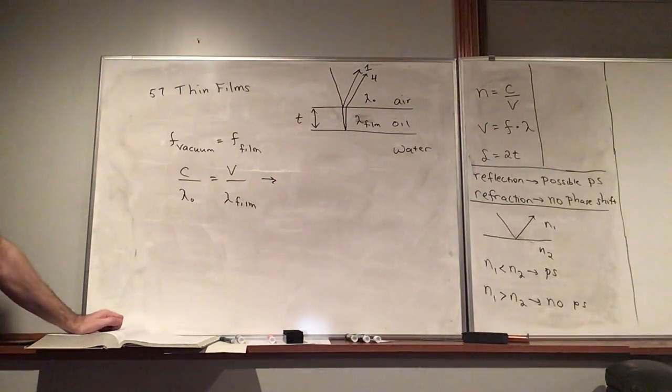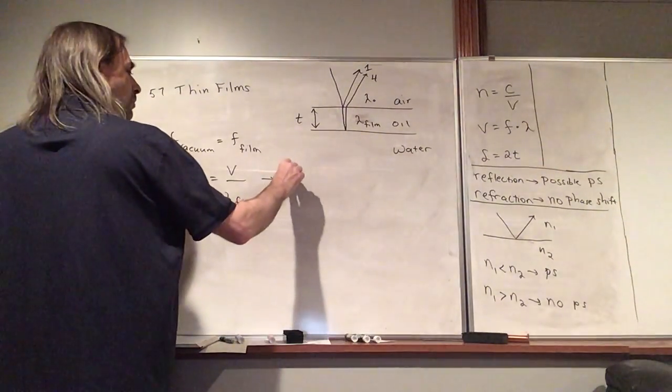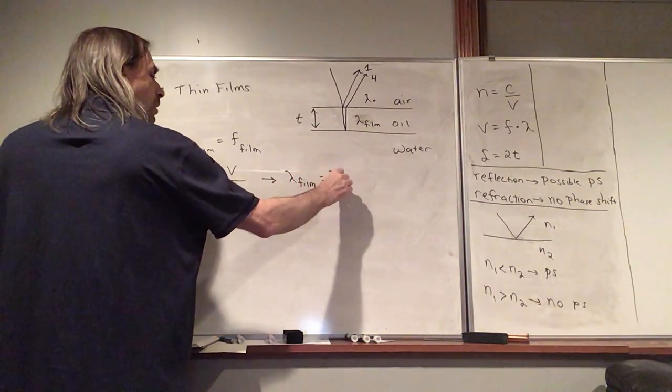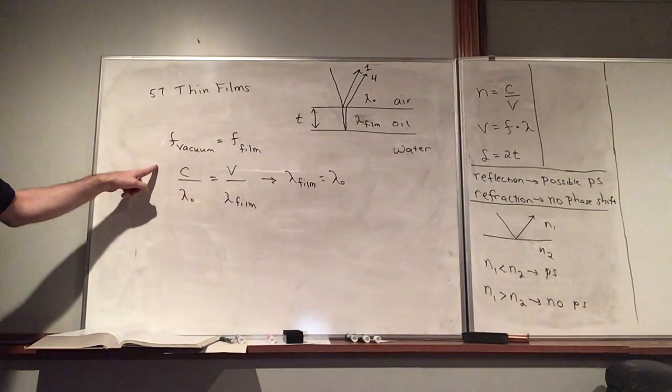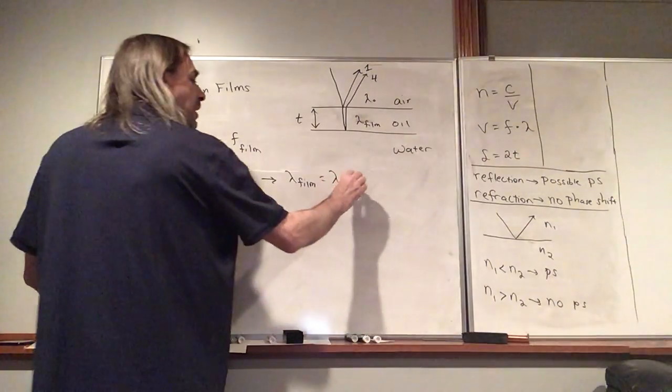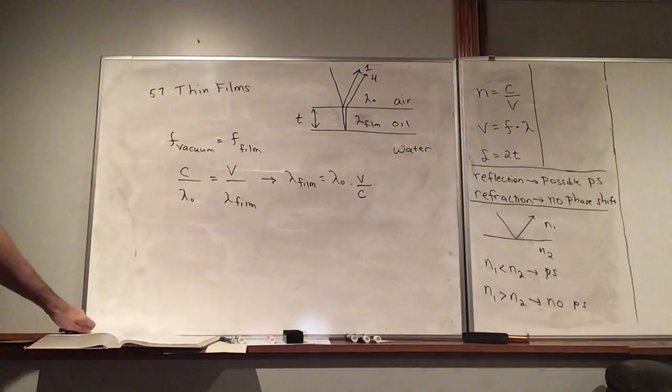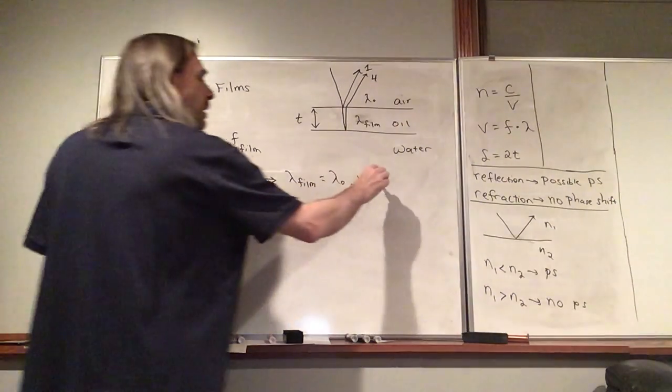Now let's solve for the wavelength in the film. So lambda film is lambda naught times v over c. Okay, and we can rewrite this as lambda naught.